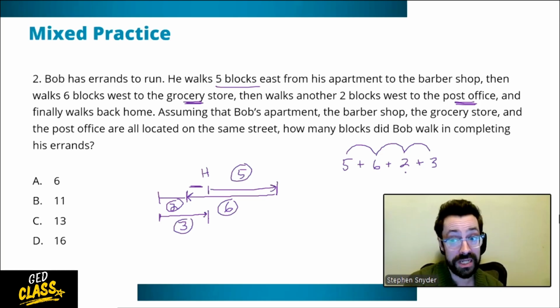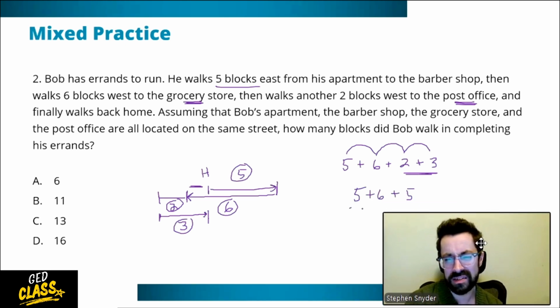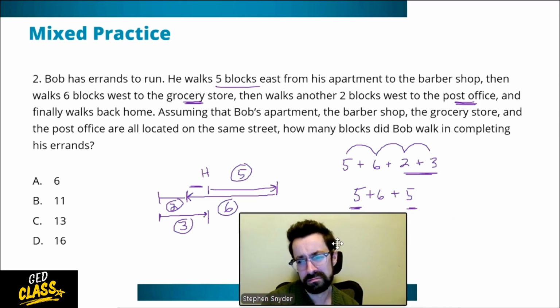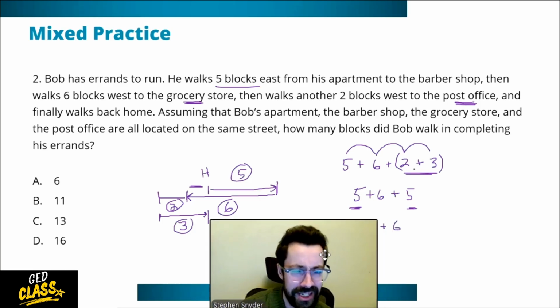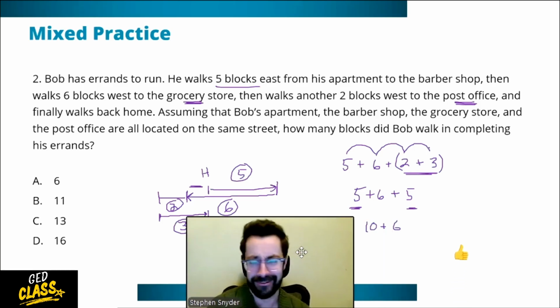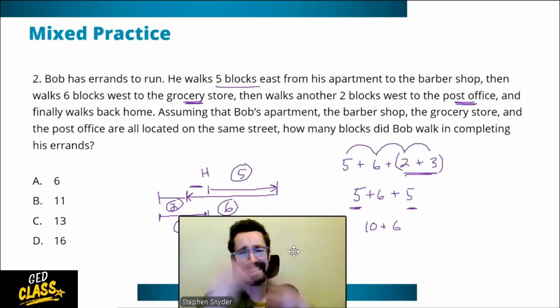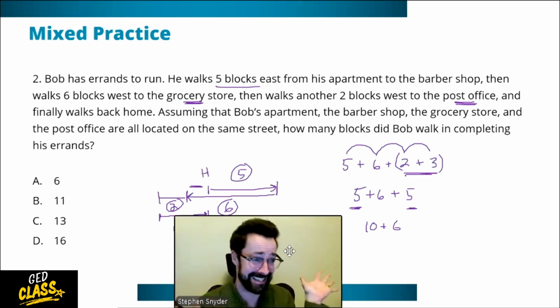So what I would do is I would say, oh wait, this is just 5. So 5 plus 6 plus 5. And then I would go, oh wait, this is just 10. So this is just 10 plus 6. Y'all give me a Y in chat if that makes sense. When I looked at these 4 numbers, I want to do the addition in the easiest way. I just want to make it as easy as physically possible.